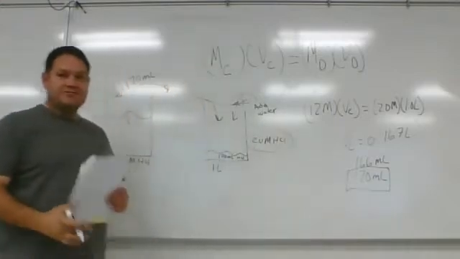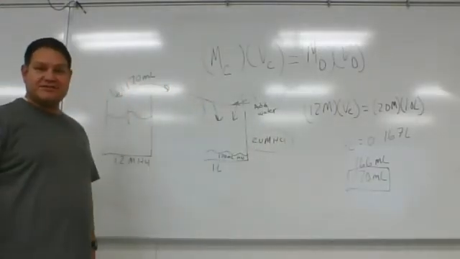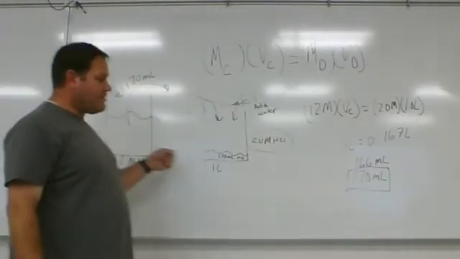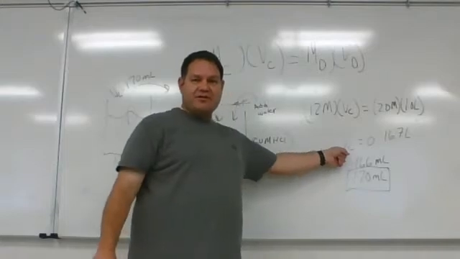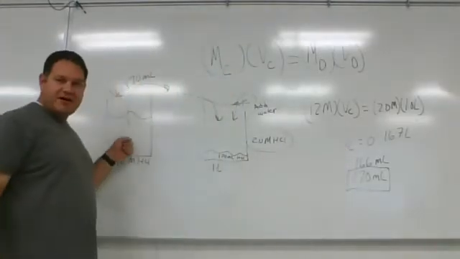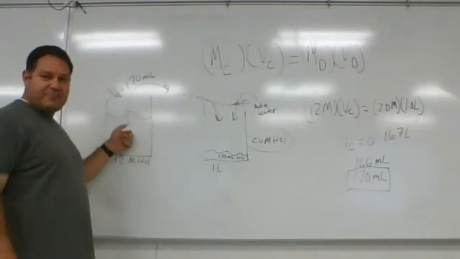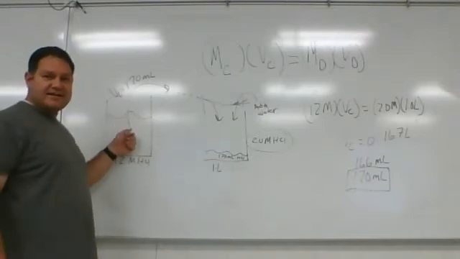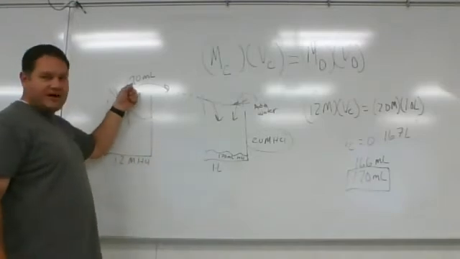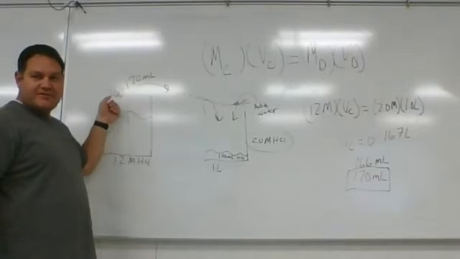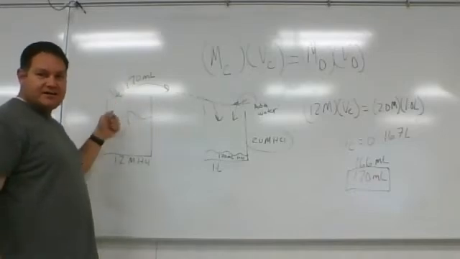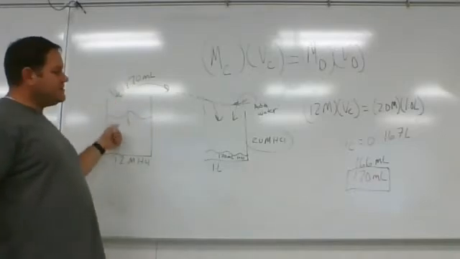And that's all you need to do in order to dilute. Figure out the concentrated volume you need to remove from the concentrate, pipette it out, using a pipette or a graduated cylinder, something like that. You've got to remove 170 milliliters, or the volume that's concentrated, from your concentrated solution.